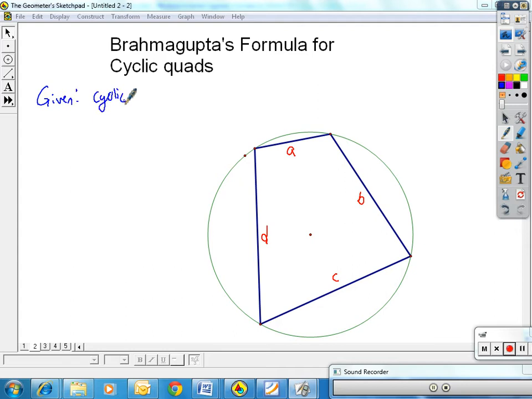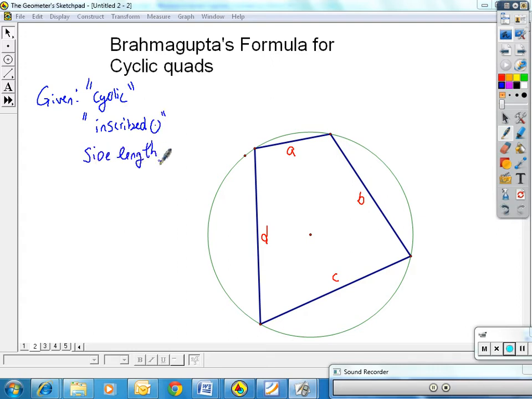Now they might tell me straight out that it's cyclic, or they might say that it is inscribed in a circle. That would be enough. I also need to know side lengths.